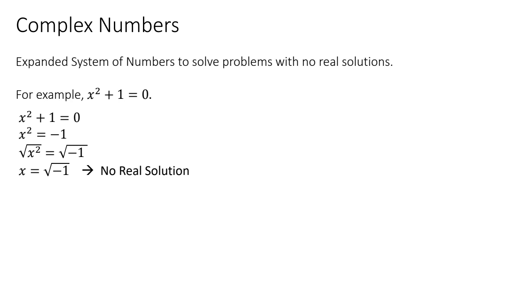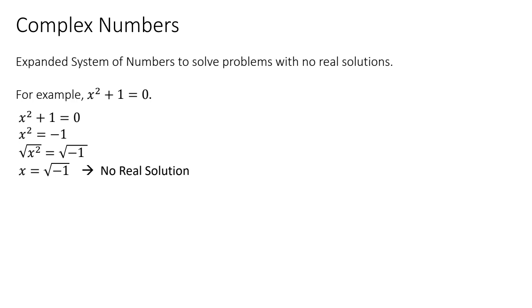Jumping to our new material is this notion of complex numbers, okay? So unfortunately, we're going to make some of our students sad with complex numbers, because up till now, when you were solving this equation, x squared plus 1, and we said, okay, find the zeros for us, you subtracted 1 on both sides, you used your square root property to solve for x, and then you saw, oh, square root of -1 has no real solution.